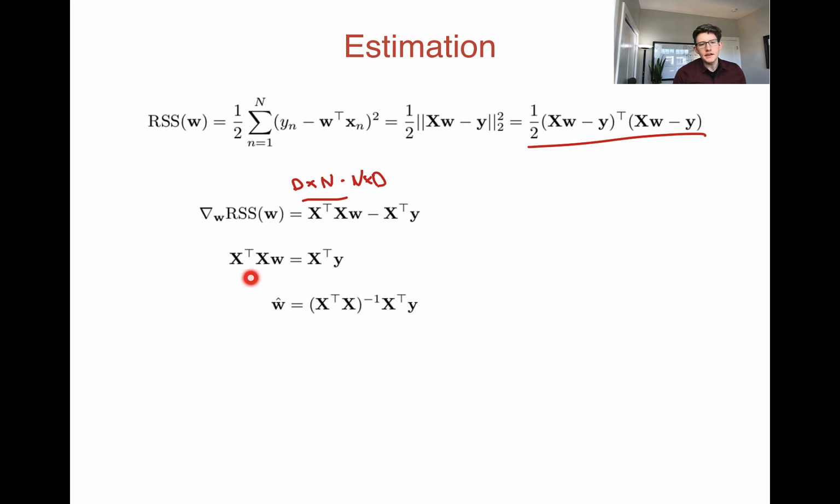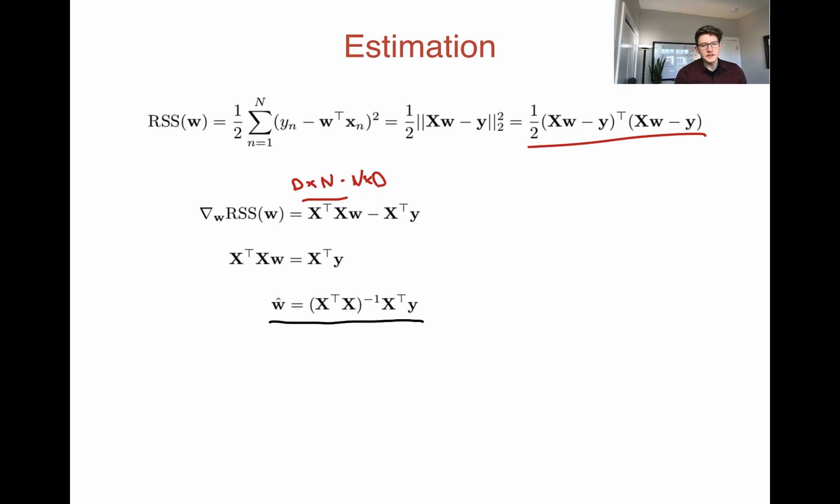Then we can multiply by this thing, x transpose x inverse. We multiply on the left to cancel this out, and we get our maximum likelihood estimate, which is this thing. X transpose x, this thing inverse, times x transpose y.